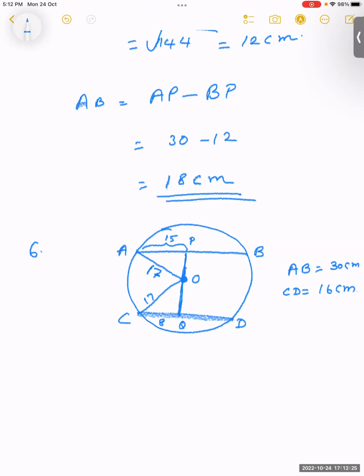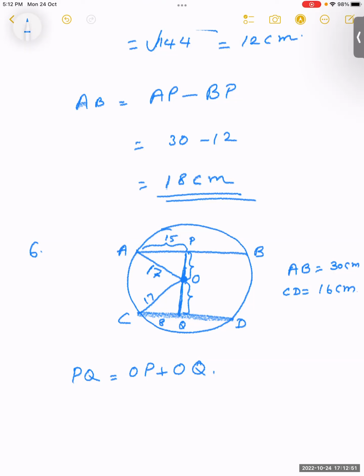Now can you calculate OQ and PQ? Calculate using triangle OPA and triangle OQC, then add them. So PQ will be OP plus OQ. The distance between the two chords is that.